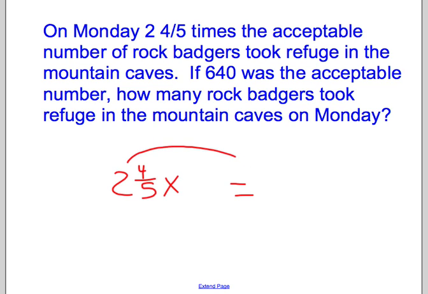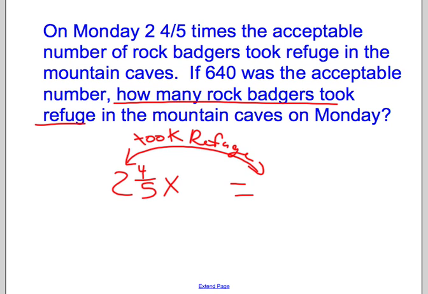So we have 2 4/5, and what that represents is the number that took refuge. Okay. If 640 was the acceptable number, how many rock badgers took refuge? So we are looking for how many took refuge. So that's where our variable is going on this one. And that means 640 would be your beginning number, your acceptable number.